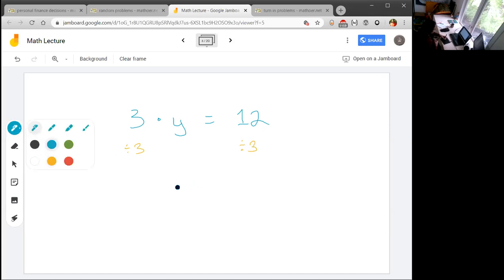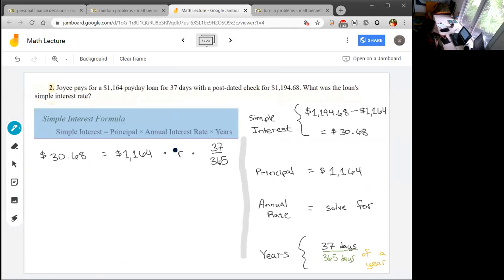That gets y by itself, and 12 divided by 3 is 4. So that's the kind of thinking I'm wanting. I want my letter times other stuff. So here, my letter is stuck in the middle. But that's not a problem. It doesn't matter what order I multiply two things. So I can switch these.